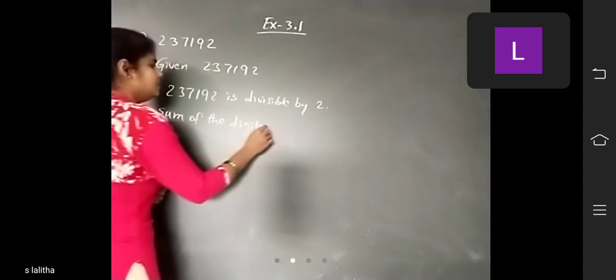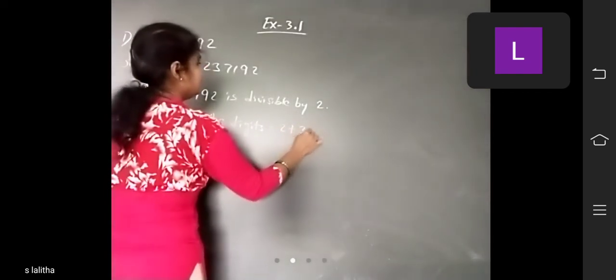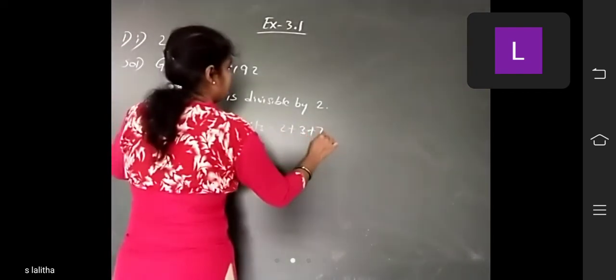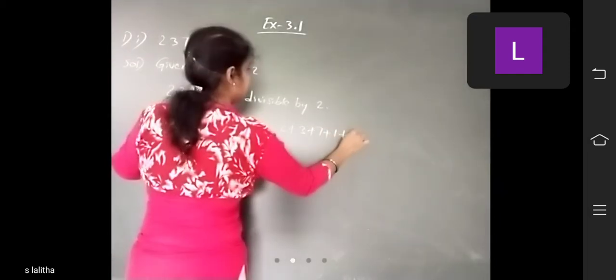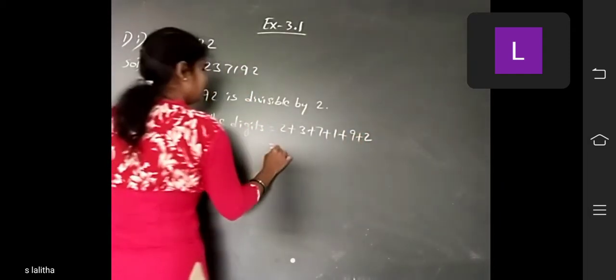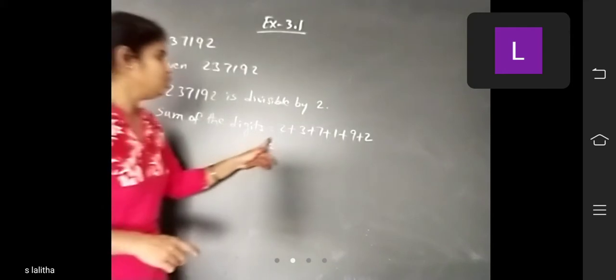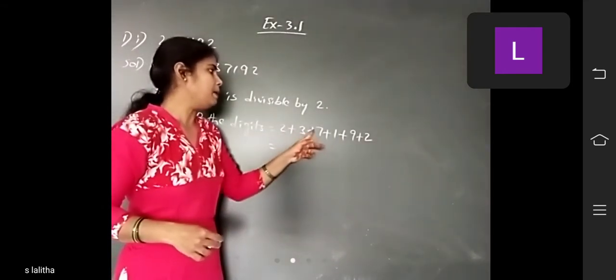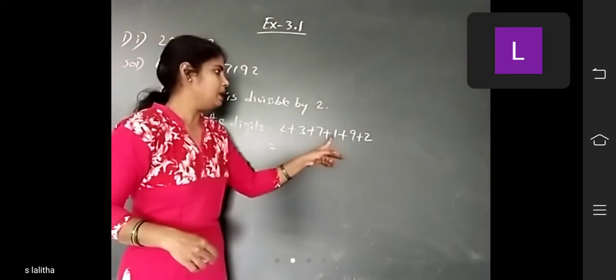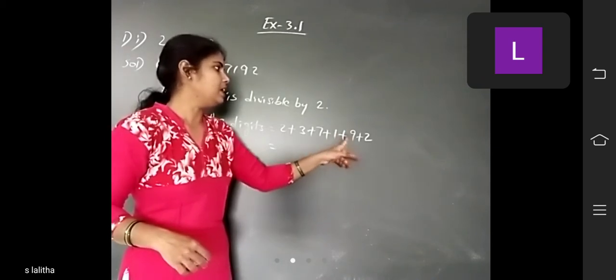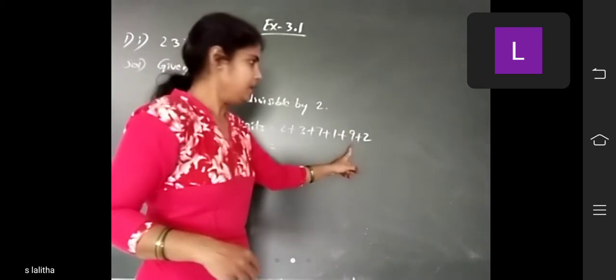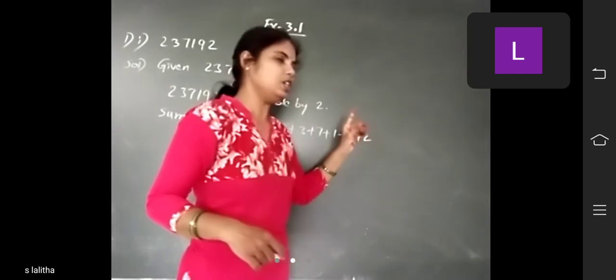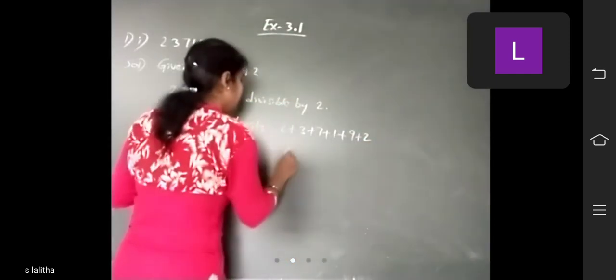Sum of the digits is equal to what? 2 plus 3 plus 7 plus 1 plus 9 plus 2. Add all the numbers. 2 plus 3, 5. 5 plus 7, 12. 12 plus 1, 13. 13 plus 9, 22. 22 plus 2, how much? 24.